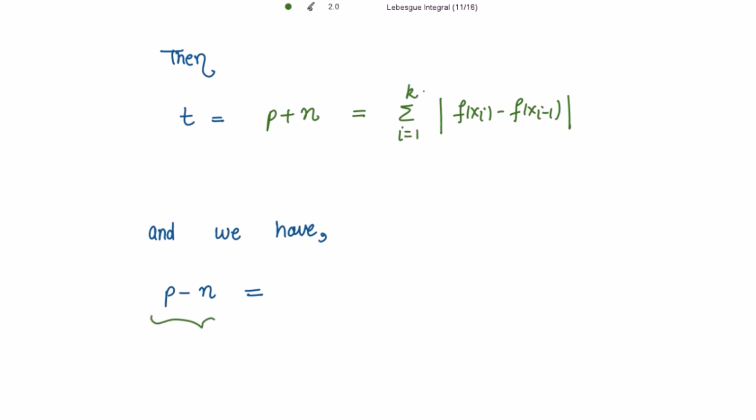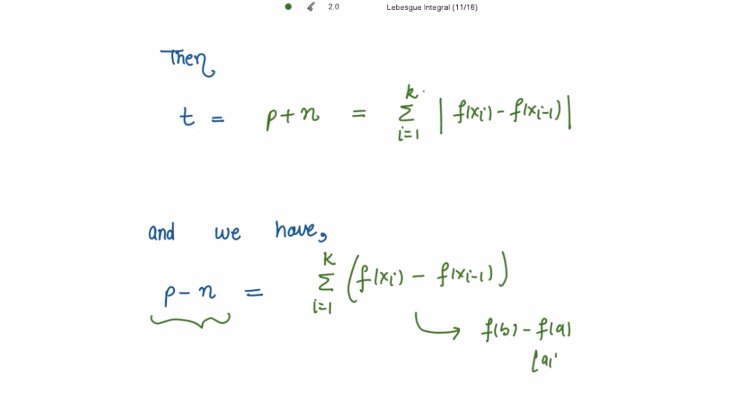And then we define p minus n, that is the difference of the positive and negative variations, and it is equal to the summation of f(xi) minus f(xi minus 1), where i starts from 1 to k. It is the overall function change. It should be equal to the total function change over the closed interval [a, b], right?